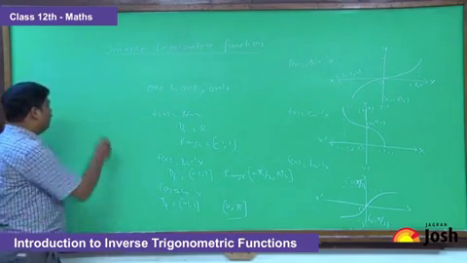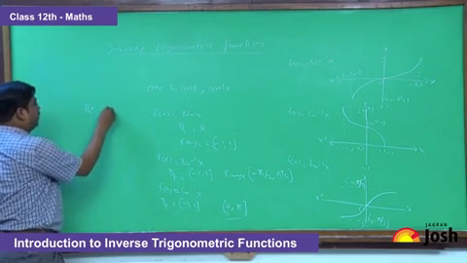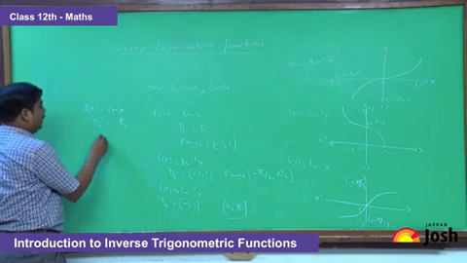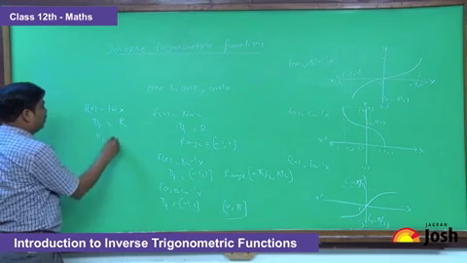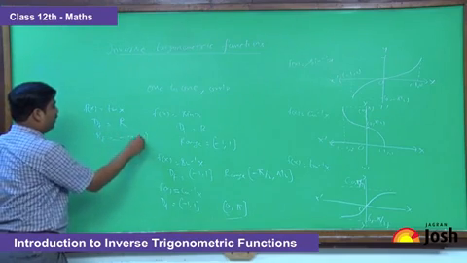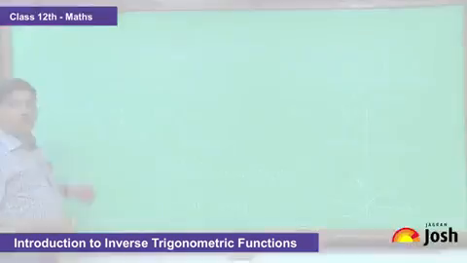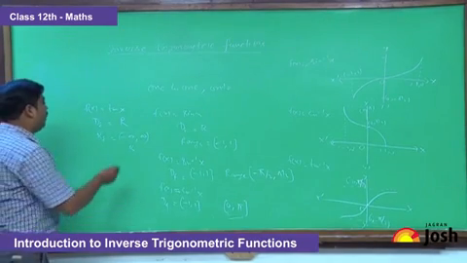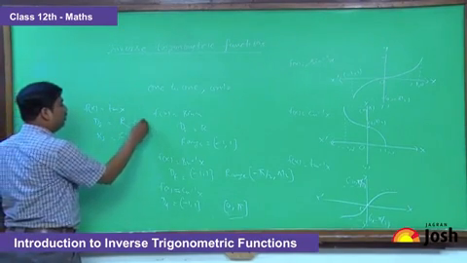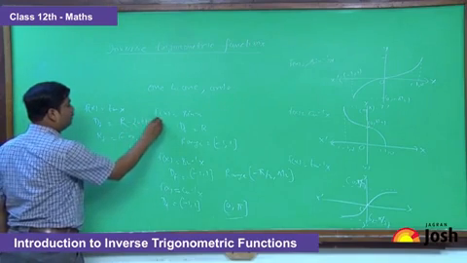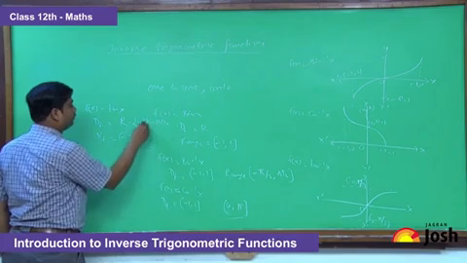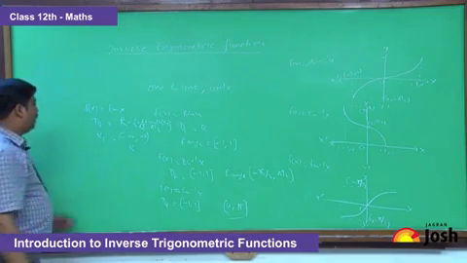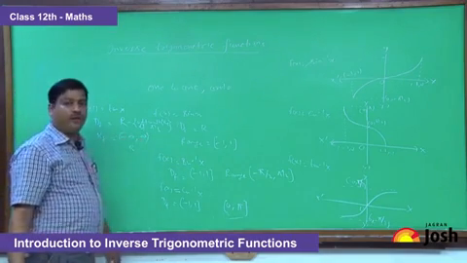Similarly, for f(x) = tan x, we know that its domain is all real numbers except odd multiples of π/2, and its range is from -∞ to infinity, that is, all real numbers.